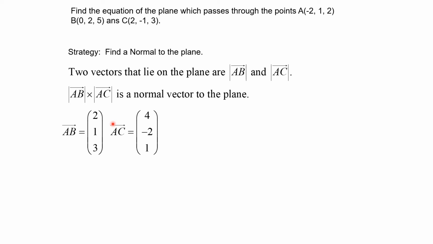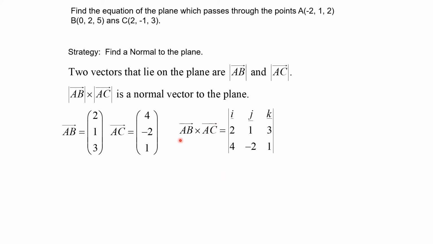Next, you need to find the normal vector. So you find the cross product of AB and AC. When you determine the cross product, use the shortcut method. AB and AC have 2, 1, 3 and 4, -2, 1 as x, y, z components respectively, so you need to add i, j, k at the top.